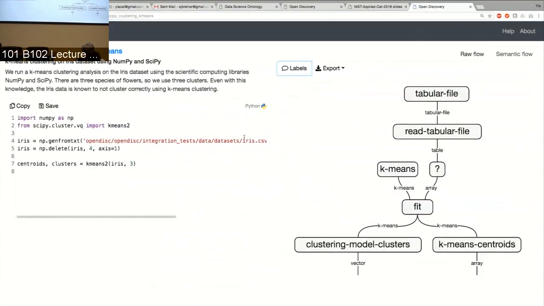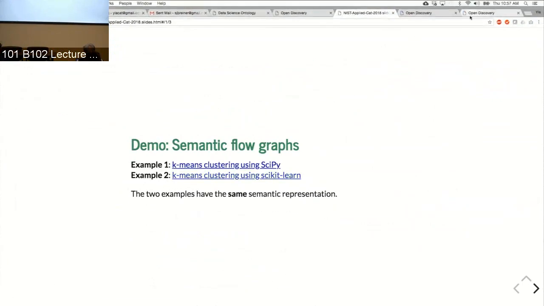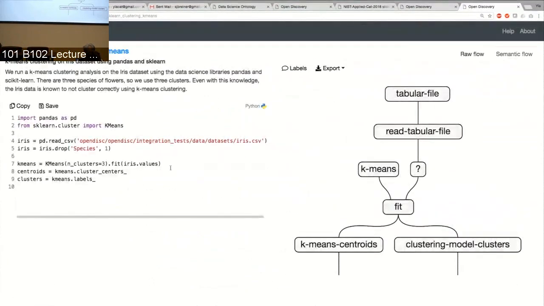It expresses at least most of this analysis in terms of universal concepts in data analysis. Okay, and briefly, here is what is extracted for the second one, and it's the same.